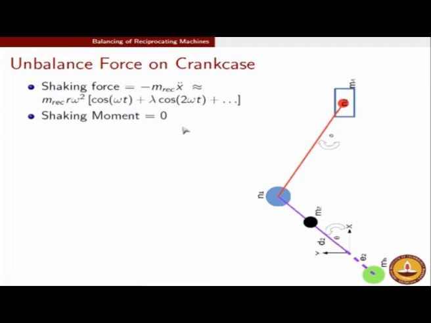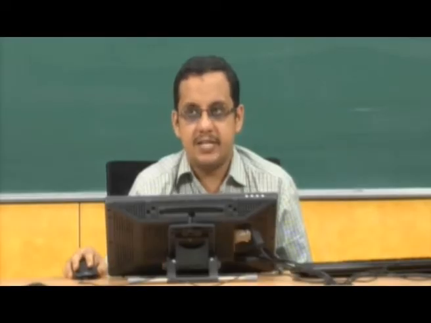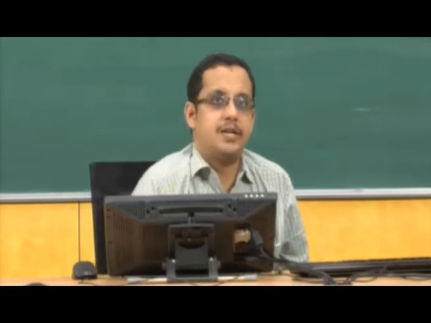The approximate analysis is definitely not completely accurate, but with the assumptions built into it, we were able to get a very nice and compact expression of the shaking force along the x direction, and the shaking moment was completely 0, and the shaking force along the y direction was completely 0. After the interaction for a few minutes, we will come back and reflect on how to use this formula to get a better design in terms of balancing our reciprocating machine.